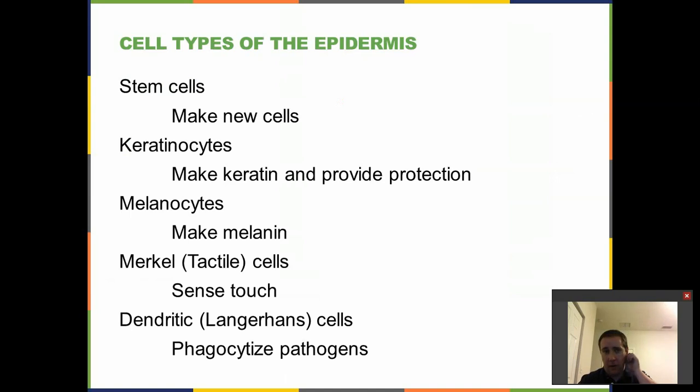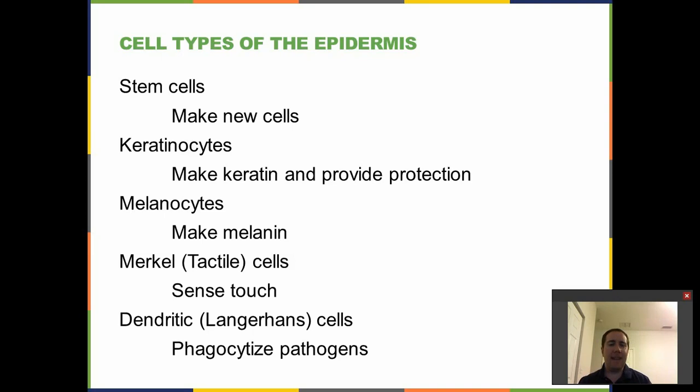Okay, so let's talk more about the cell types that are found in the epidermis. We already talked about the keratinocytes. They make keratin and they provide protection. They provide protection by making keratin, but also they're like a sacrificial layer of cells here. They don't have any purpose other than serving as protection.